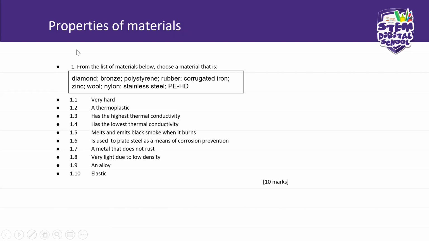And quickly answer the questions, and then after that, I will give you the answers to this. You choose a material and you find a property for it, a characteristic for it.